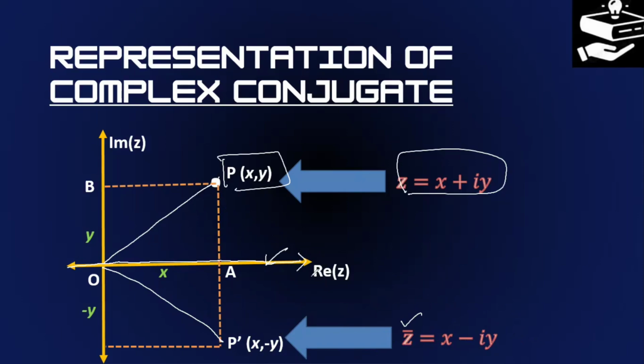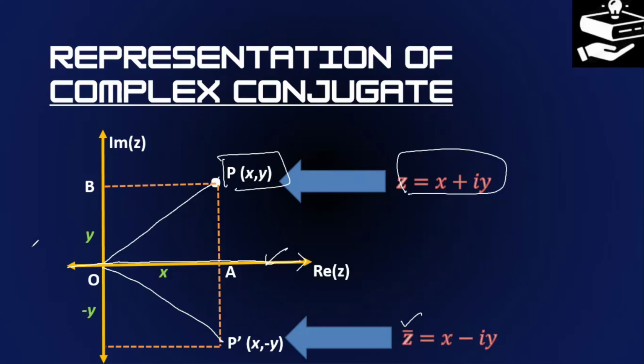If we find the image of a point with respect to the real axis, or the x-axis, whatever point we get is your complex conjugate.